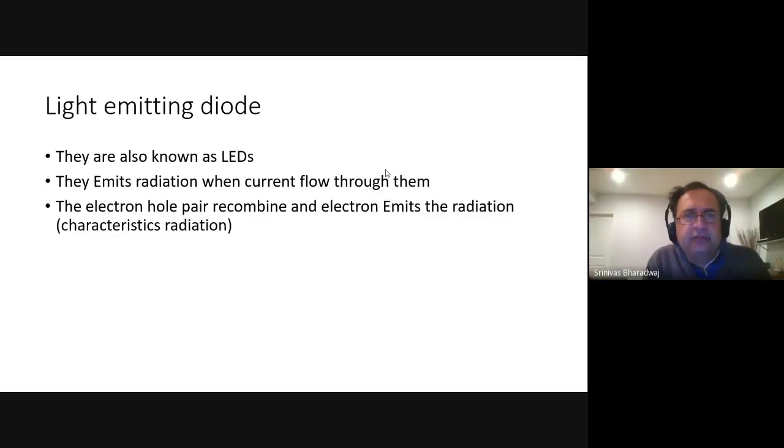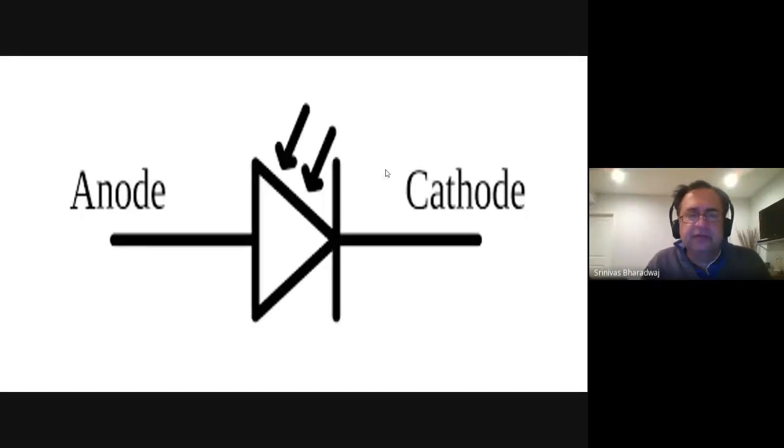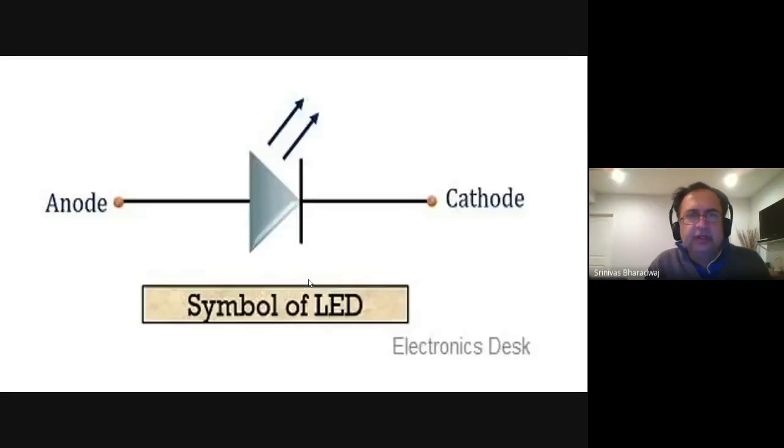When a current flows through an LED, it generates light. It is the opposite of the photodiode. Here, light generates a voltage across it; light is the energy that comes in. The LED, on the other hand, emits light when you attach a source.